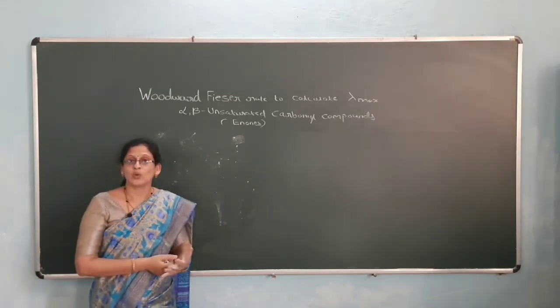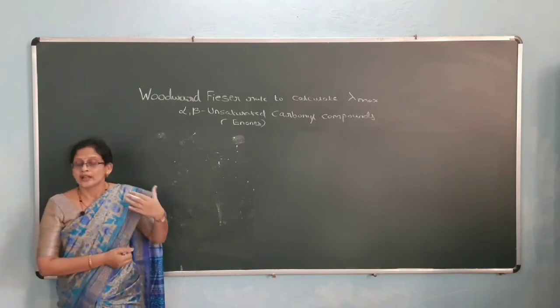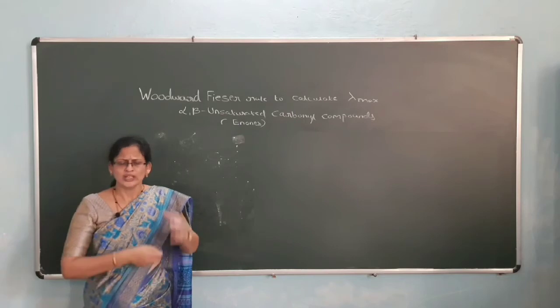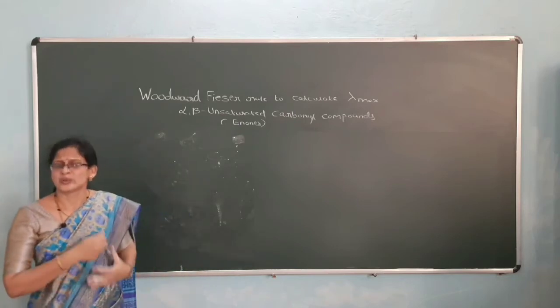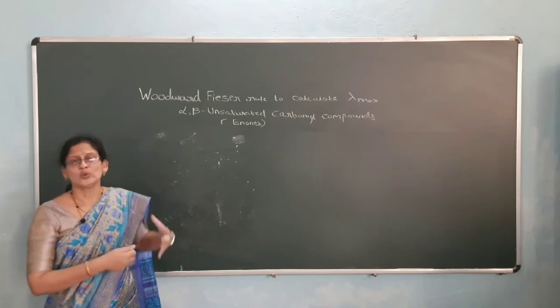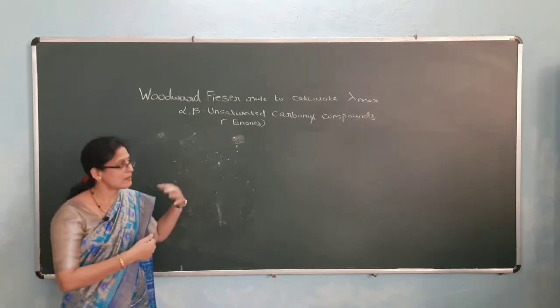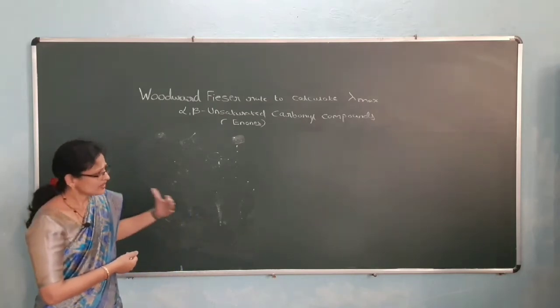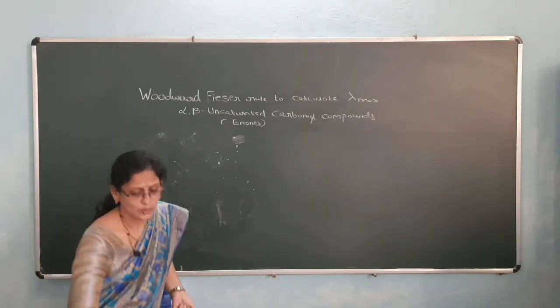You can take an OR group, which is 35 at alpha or 30 at beta position. By changing the substituent, changing the auxochrome, you can practice how to calculate the lambda max for the given structure. Now this is about the Woodward-Fieser rule.